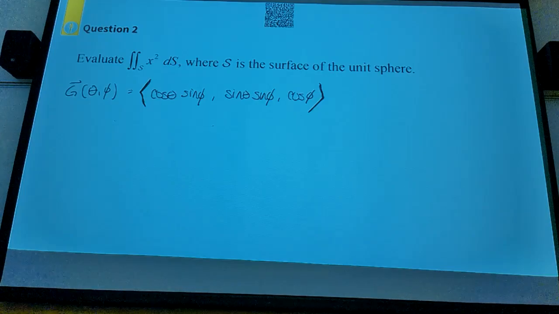Unit sphere means radius of 1. We're doing the entire sphere.